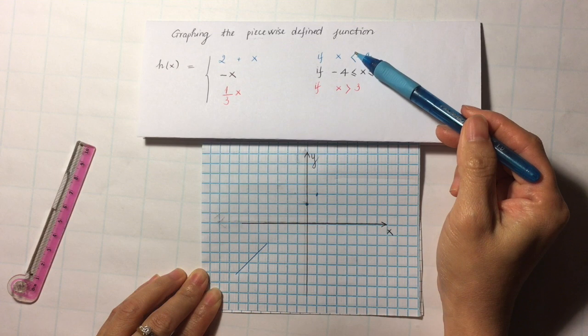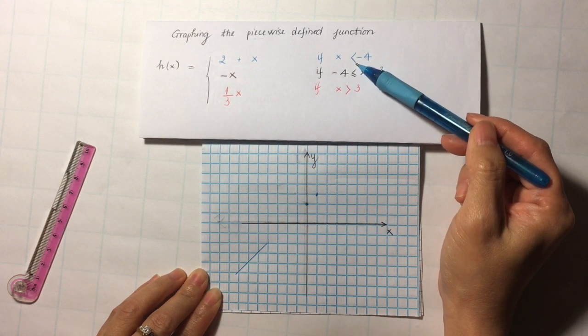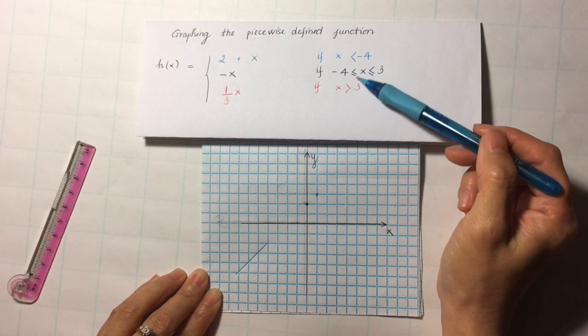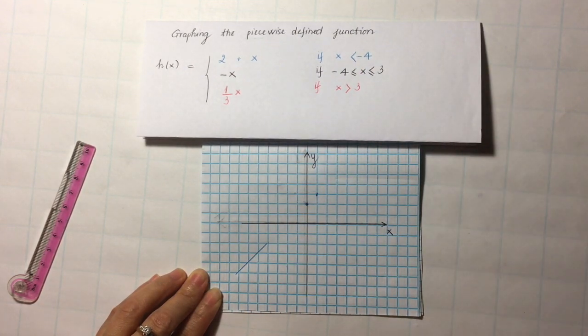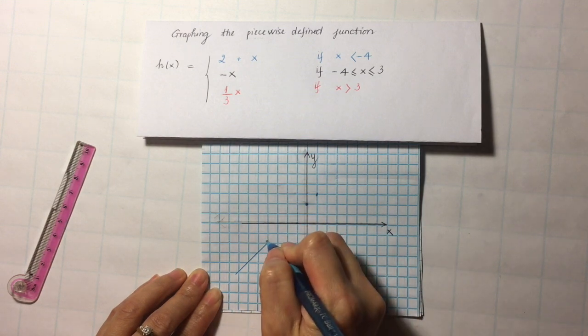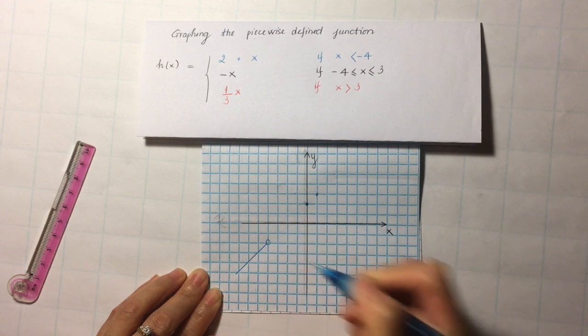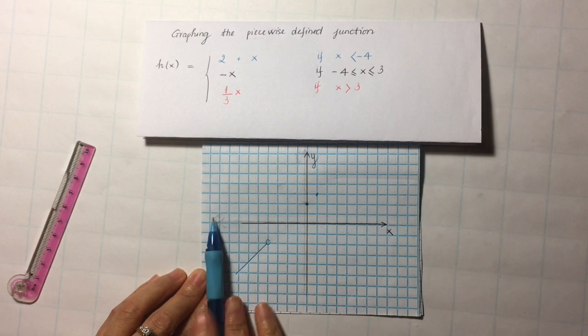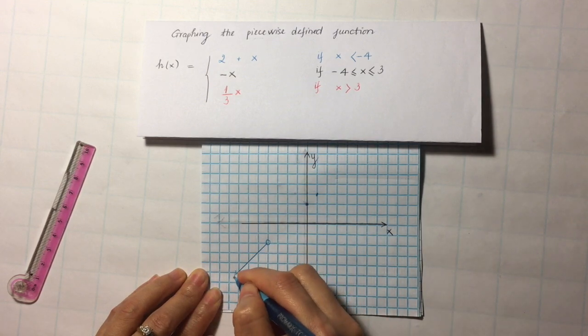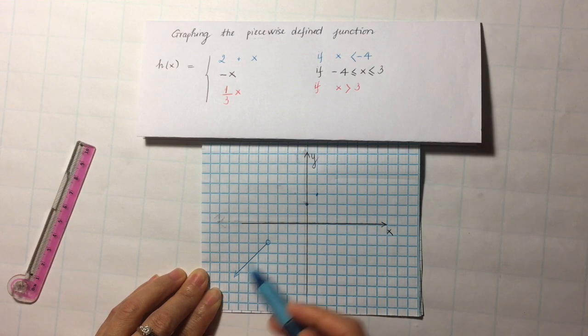For this one, it's only less than -4. It does not have the equal to, it does not have the little bar right here. So we do not include -4, we do not take the point when x equals -4. So this has to be an open circle, and we take all the part on the left. This edge can keep going forever.